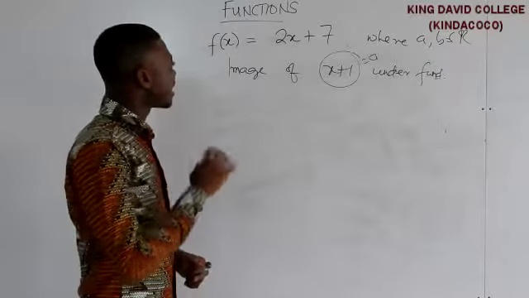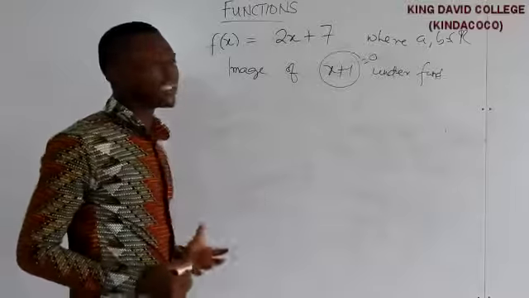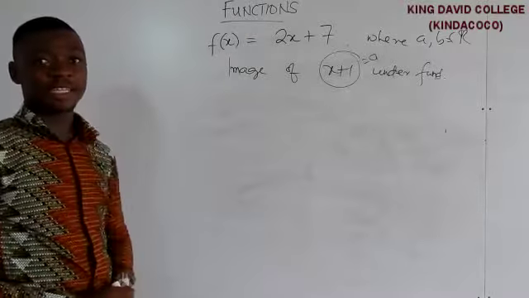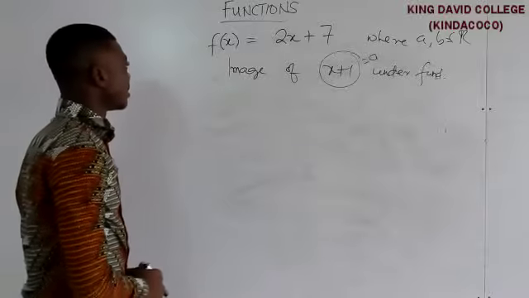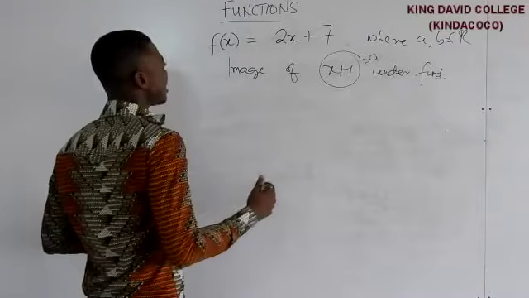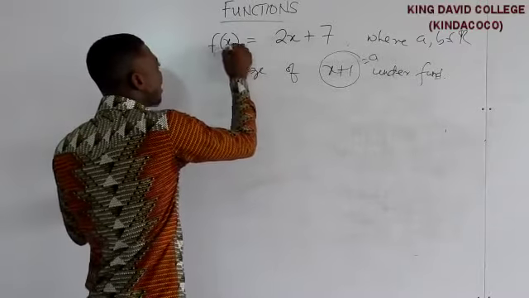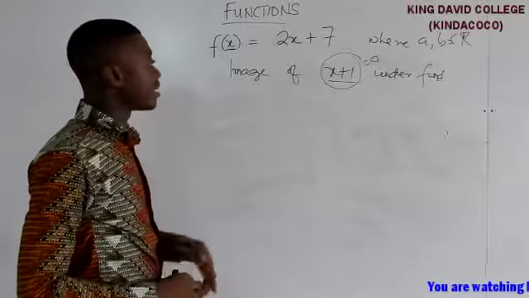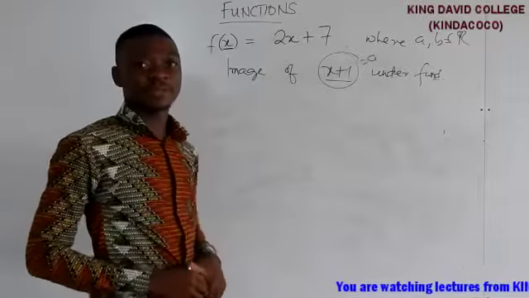So in that aspect, the same idea of how to find an image is what you apply over here. If you are asked to find the image of x plus 1, then it means that anywhere I find x, I'm just going to replace it by x plus 1 in my given function.